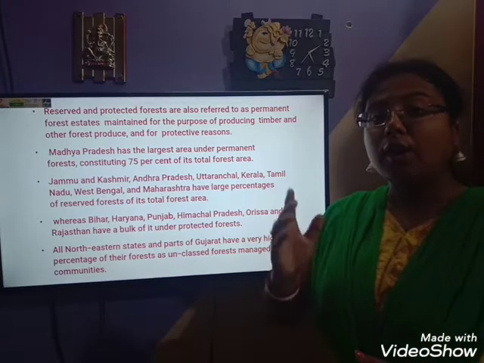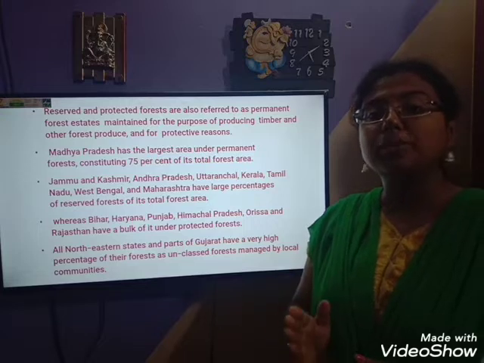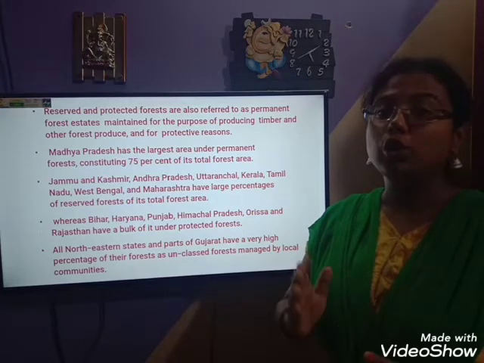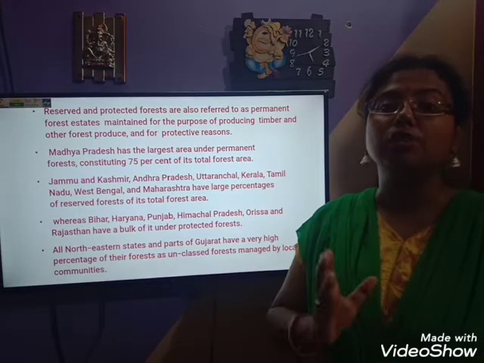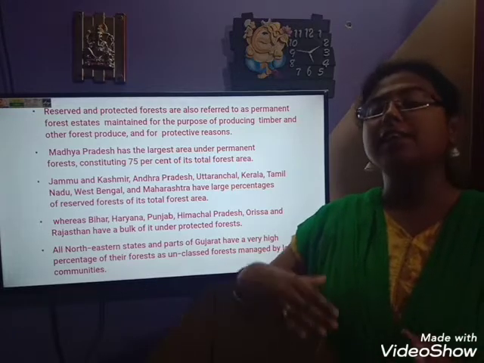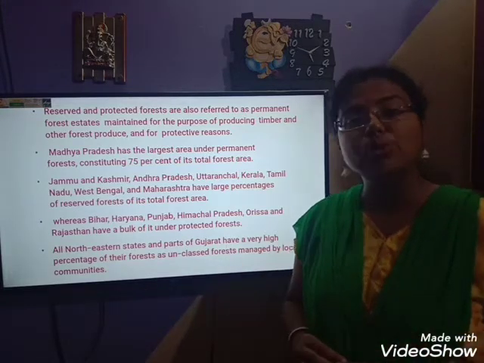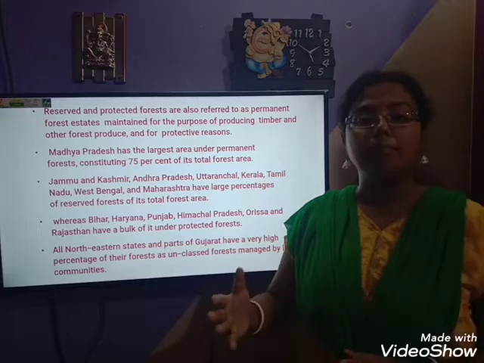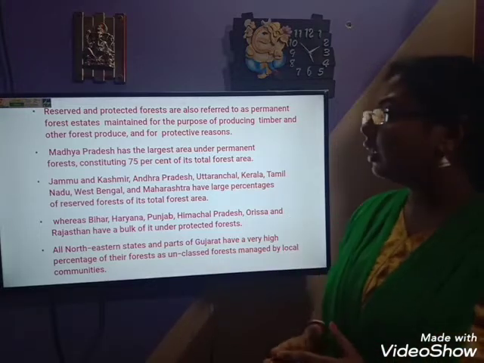But one thing is very important, that is the protection of this forest. First of all, the government will provide protection. After that, they can use this forest for commercial purpose.